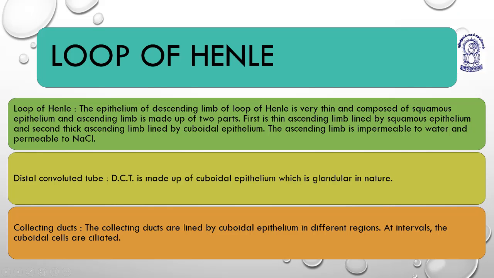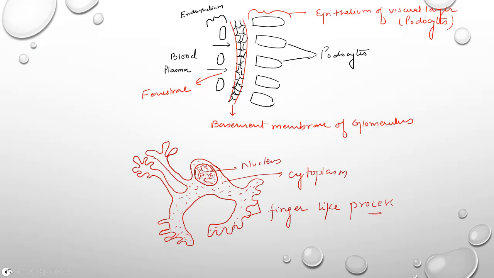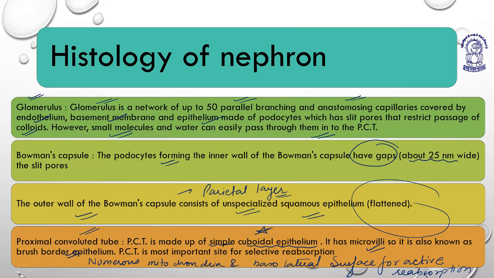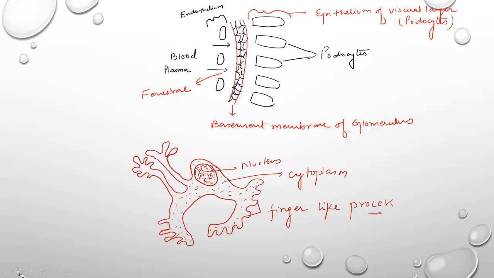Now we come to loop of Henle. PCT is basically made up of simple cuboidal epithelium, and it has microvilli, so it is also known as brush border epithelium. For PCT as well, I am having a picture. I will make it for you.